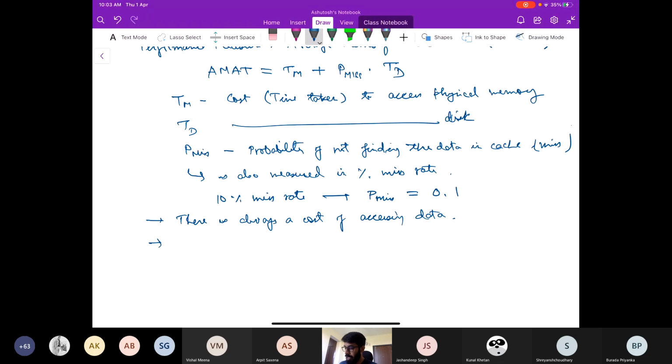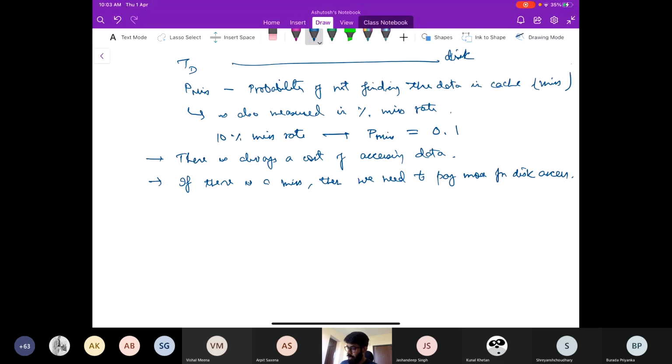But if there is a miss, then we need to pay more for disk access, right?